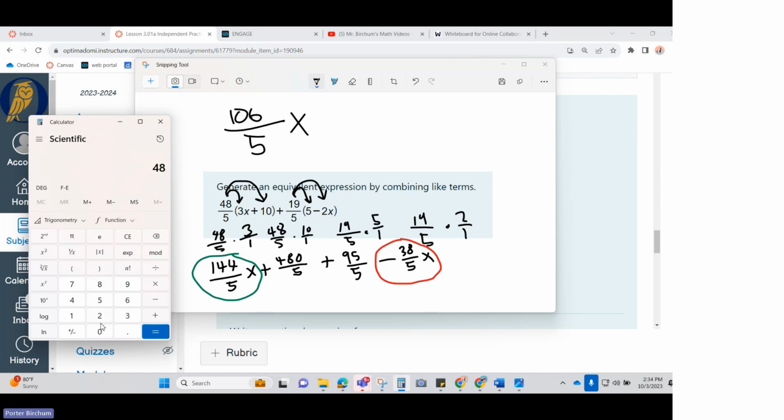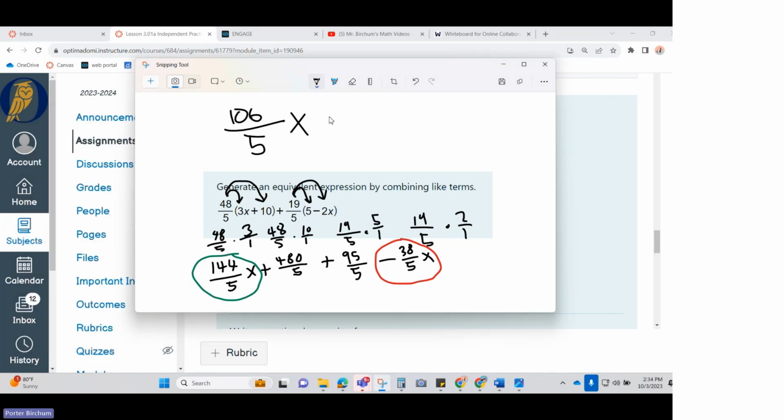Now let's count up our ones. We have 480 ones, or 480 fifths, which like ones, plus 95 fifths. That's 575 fifths.